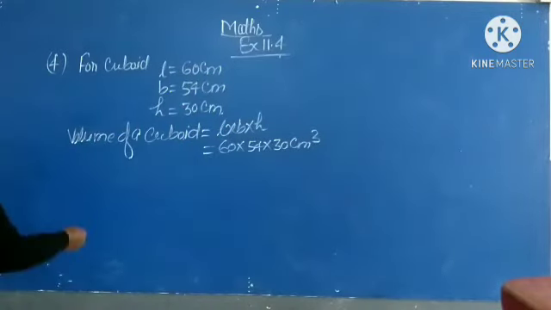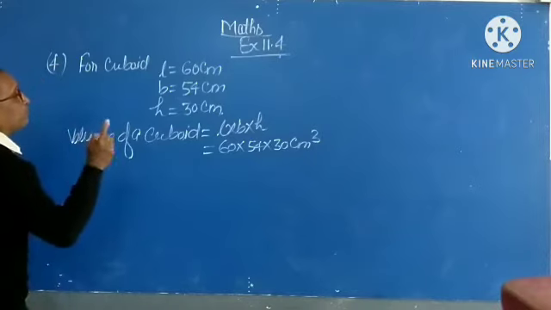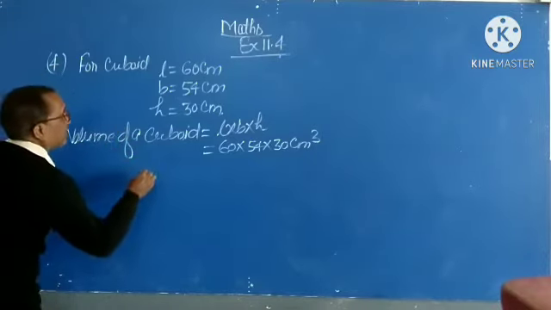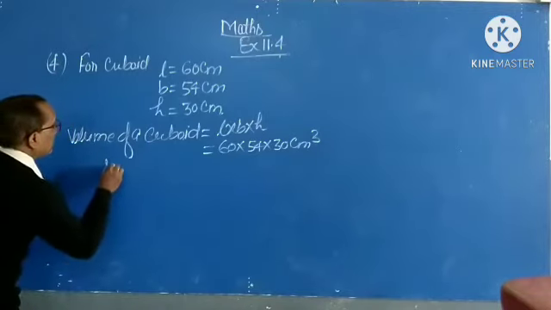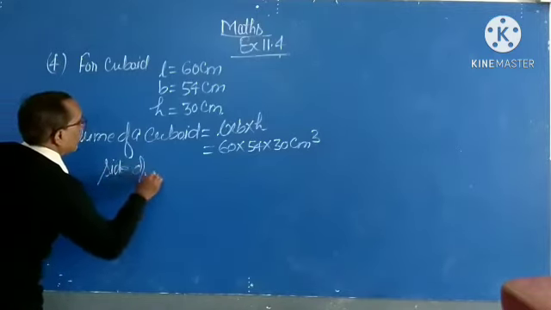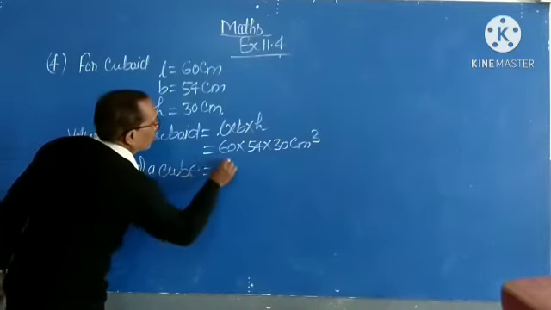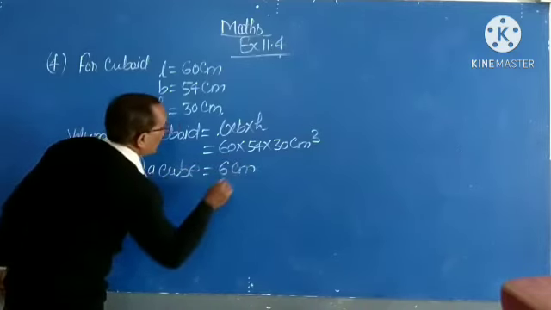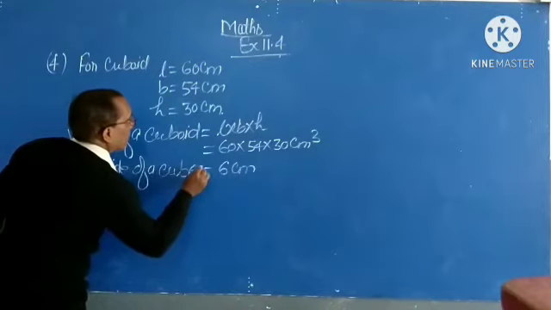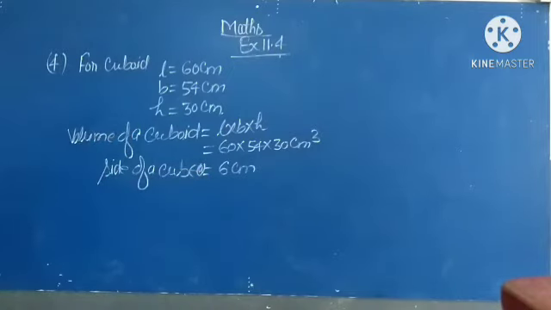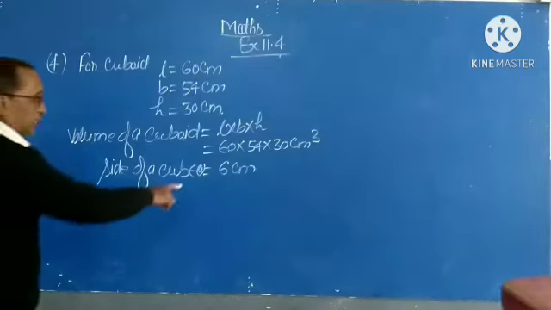Then you find out the volume of cube whose side is 6 centimeter, means side of a cube is equal to 6 centimeter, that is L or A. Whatever you want to write here, you write A, means side of a cube is equal to 6 centimeter.